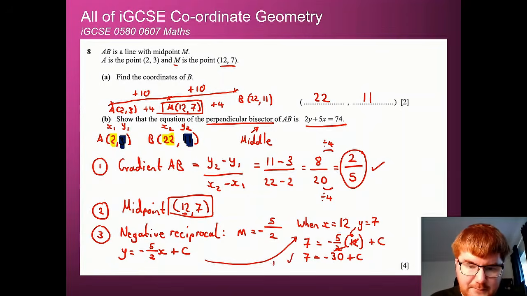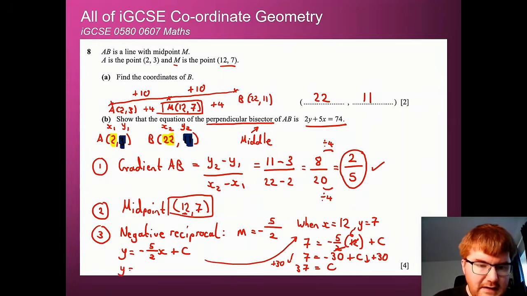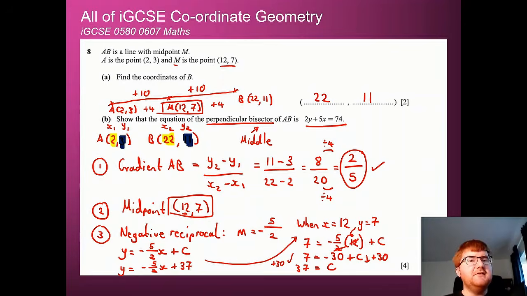Well, adding 30 on both sides. That gives us 37 is equal to c. So our answer in y equals mx plus c form is going to be y equals minus 5 over 2x plus 37.